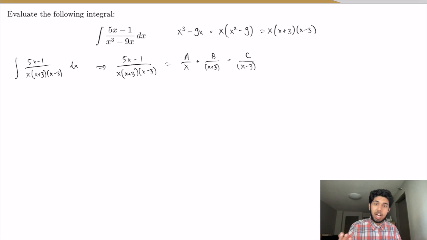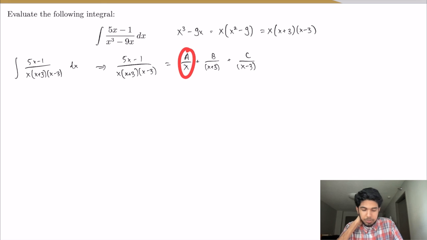First, we need to find the common denominator. So if these are our 3 functions, the common denominator will actually be this, x times (x + 3) times (x - 3). You'll see this happen a lot, where the common denominator is what we started with, which makes sense because we just decomposed the fraction and we're trying to compose it again.